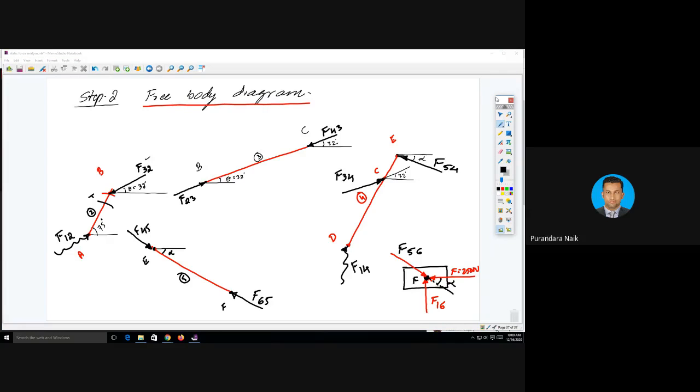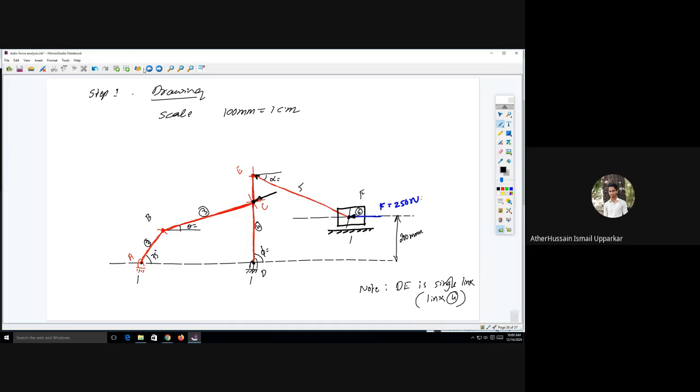Hello, finished? Attar Hussain? Yes, sir. Finished? Just finished what? This figure. Next one, sir. Next one also finished. What about drawing? Drawing is finished? Step 1? Yes, sir. Finished. Okay, what about the alpha, angle alpha? Sir, 25.